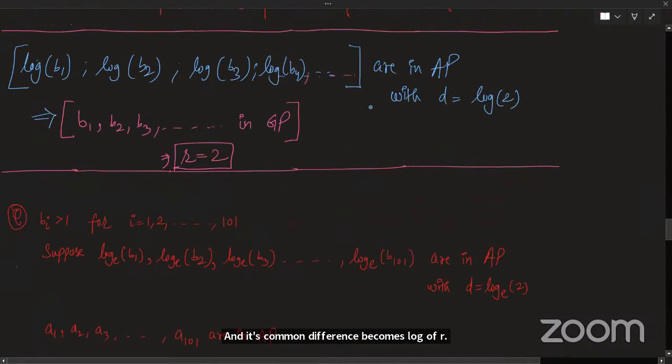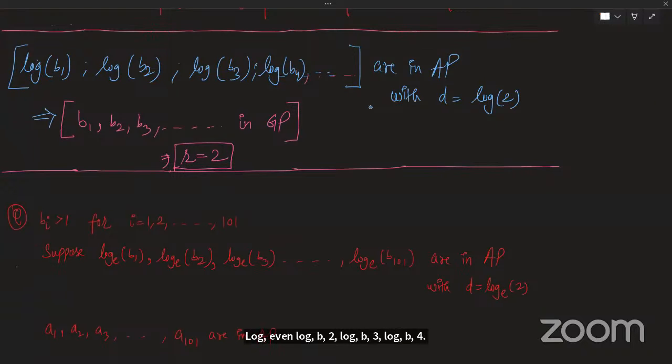Log B1, log B2, log B3, log B4, all of them are in AP and their common difference is log 2. So in other words, B1, B2, B3 are in GP and their common ratio is 2.